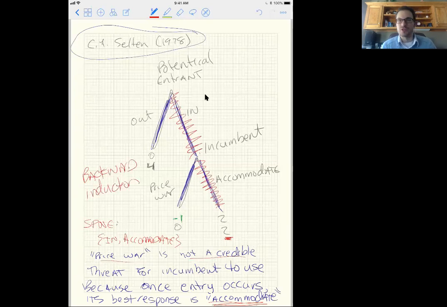Backward induction is the process of using this best response approach by going to the end of the game, looking at the last player's best response, and then folding back to the front of the game, where we take on the perspective of the potential entrant, and we disregard the possibility of the subsequent player using a dominated strategy. That's what made this work, and that's how we were able to find our equilibrium.